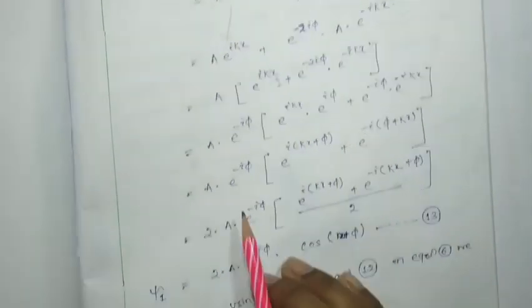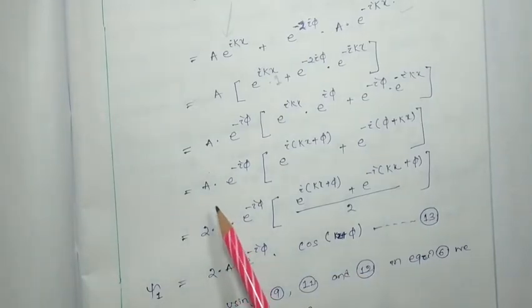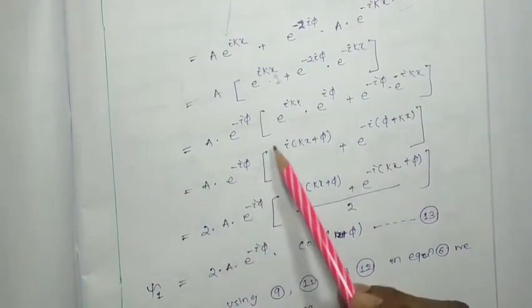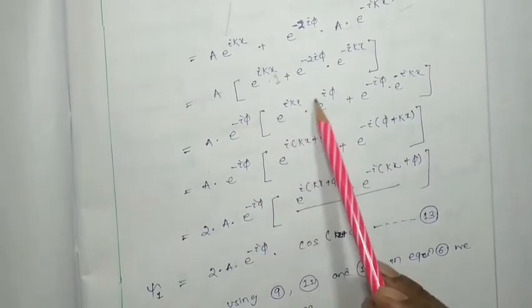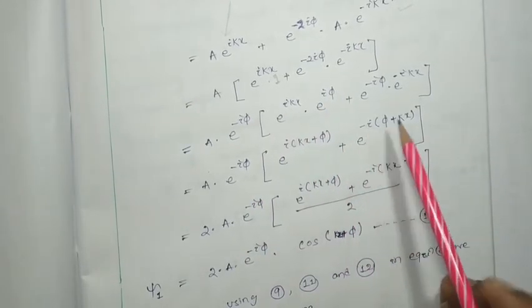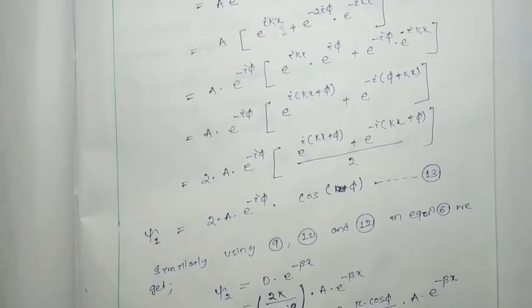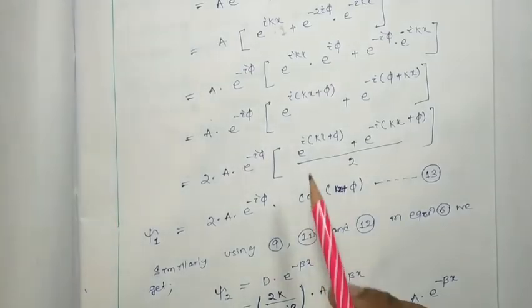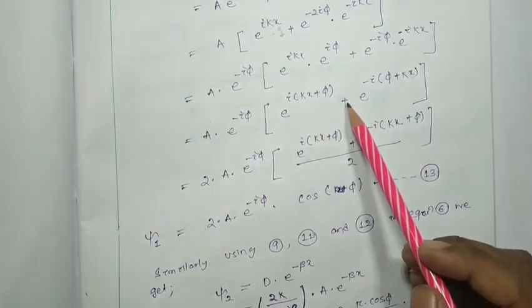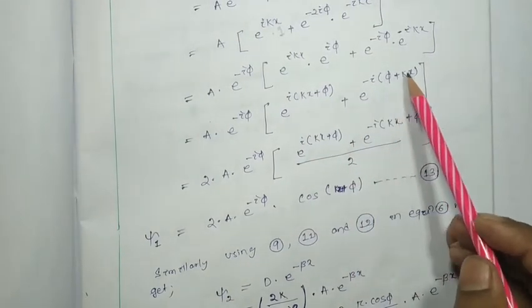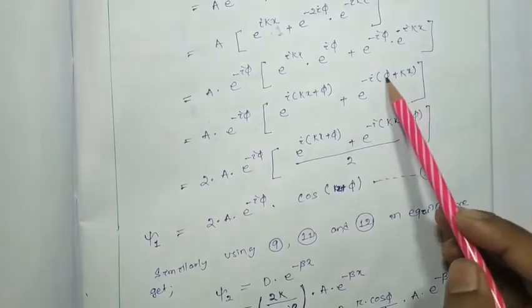Okay, so it will be a into e to the minus i phi in bracket, e to the power i(kx plus phi) plus e to the minus i(kx plus phi). So what we found here is e to the power i(kx plus phi) plus e to the minus i(kx plus phi).